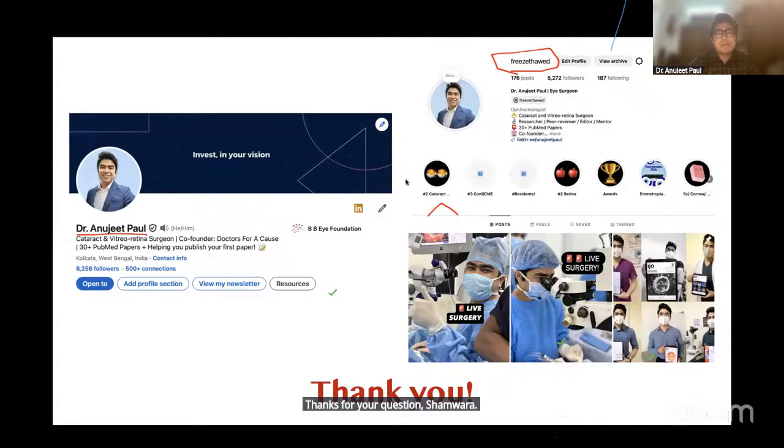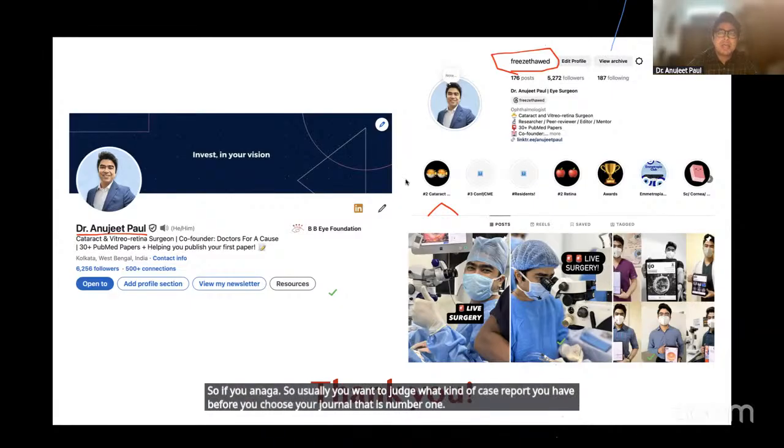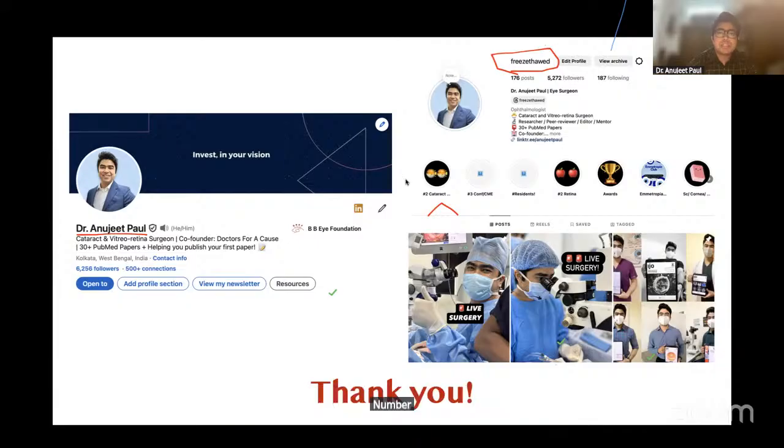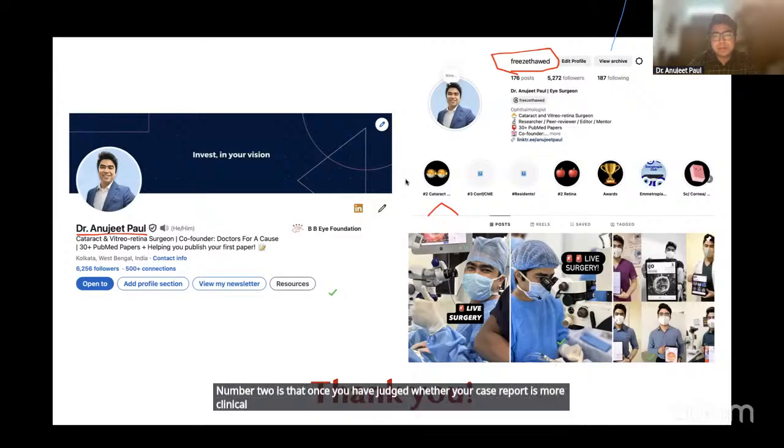So where can we publish the case report? Usually you want to judge what kind of case report you have before you choose your journal. That is number one. Number two is that once you have judged whether your case report is more clinical, whether it is a describing case report, like I showed you a couple of them, or whether it is an interventional case report, you can decide on a clinical journal.